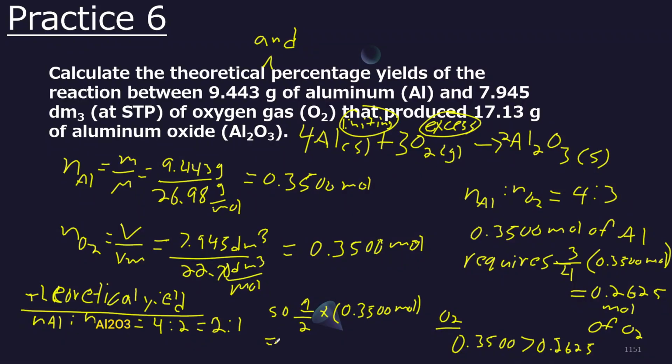That's 0.1750 mole of aluminum oxide, Al2O3, can be made.